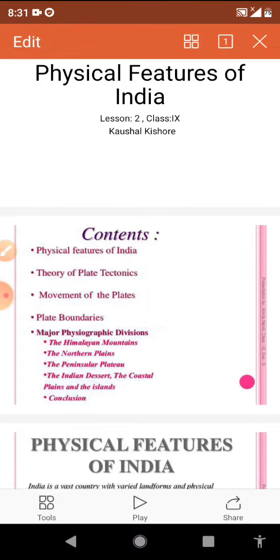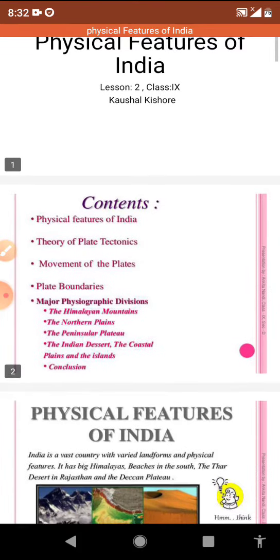There is a very important theory regarding this. If you take geography as your major subject at graduation and post graduation level, you will see that several hypotheses, thoughts, and theories are given by different scientists. The most relevant and most scientific theory regarding the formation of major physiographic divisions of the world is given by Wegener, and this theory is known as the theory of plate tectonics.